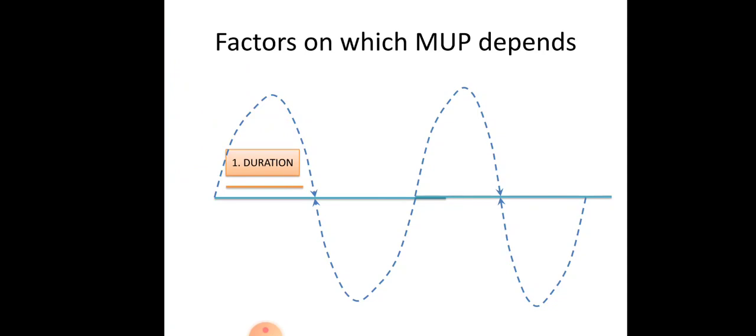It normally varies from 5 to 15 milliseconds. Shorter in children, longer in adults, and still longer in elderly persons. Second point, rise time. It is the duration from initial positive to subsequent negative. It indicates the distance of the needle from the muscle fiber.